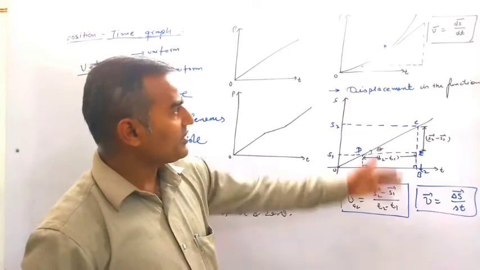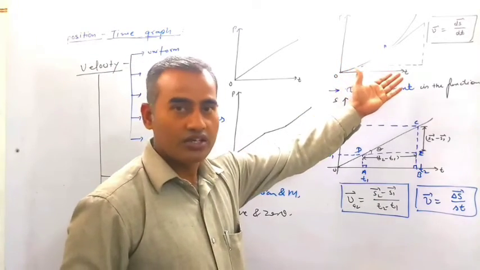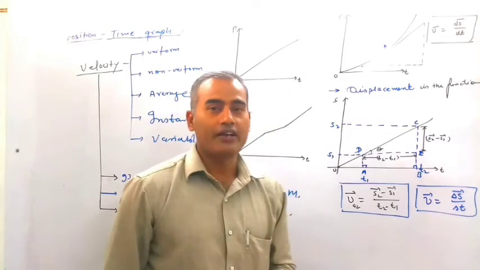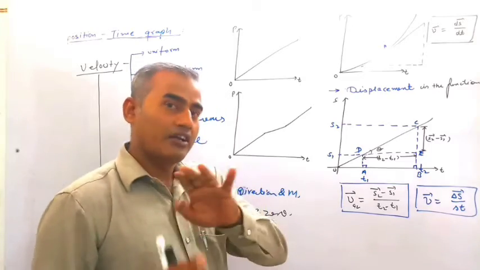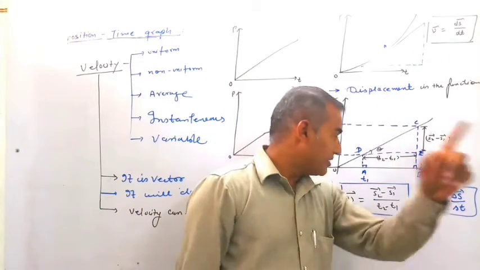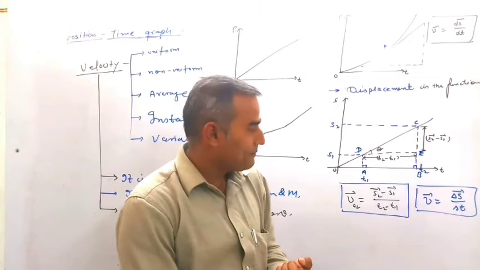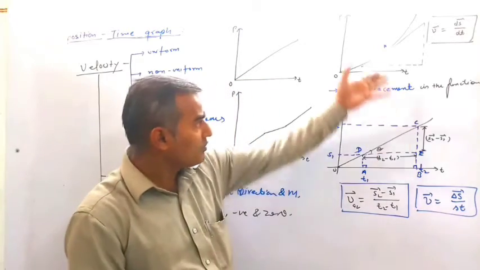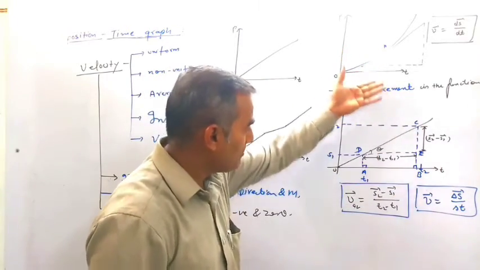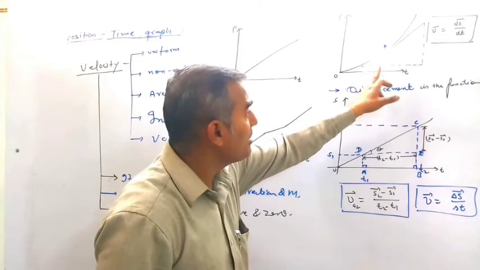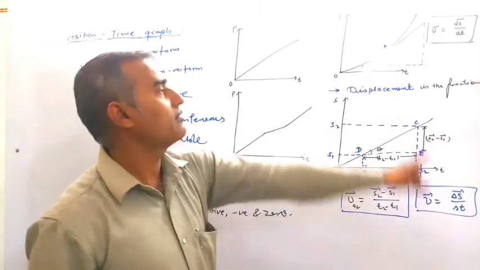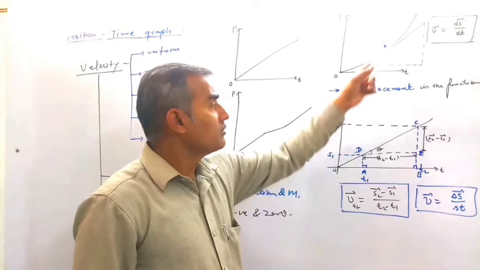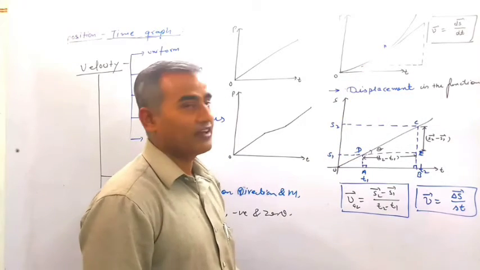Then what is the concept of instantaneous velocity? It's very important. How can we distinguish between instantaneous velocity and average velocity? Simply look at both diagrams. In this diagram we want to calculate the instantaneous velocity, and here the average.